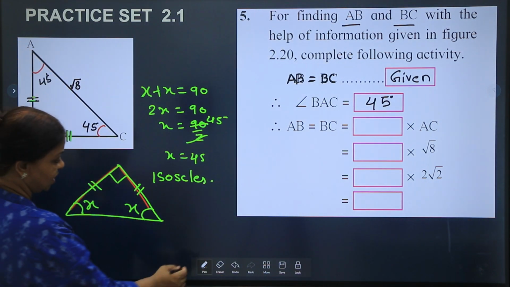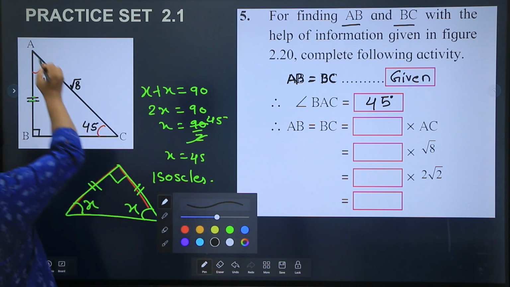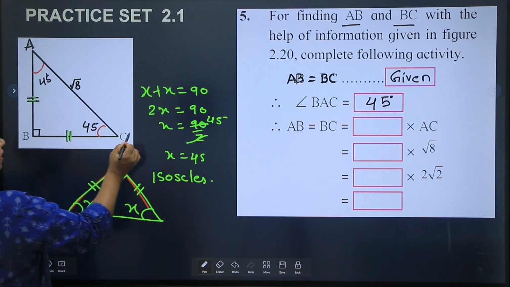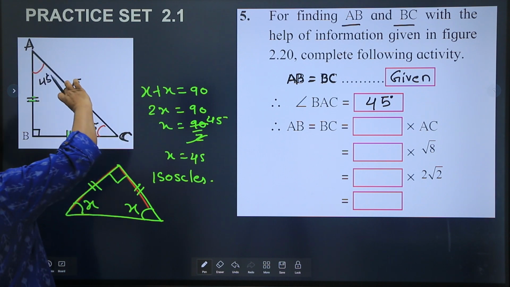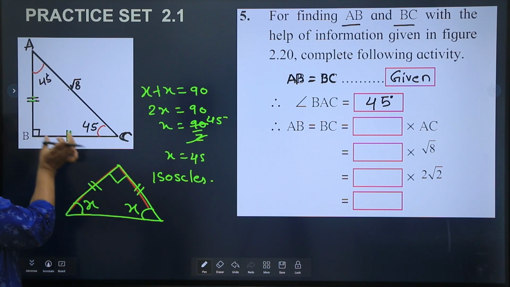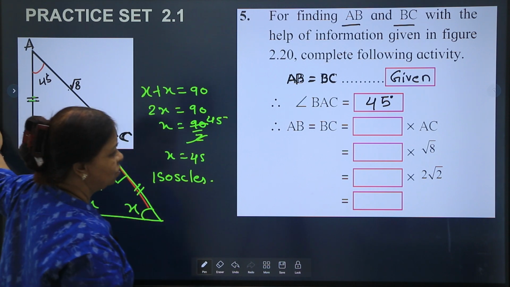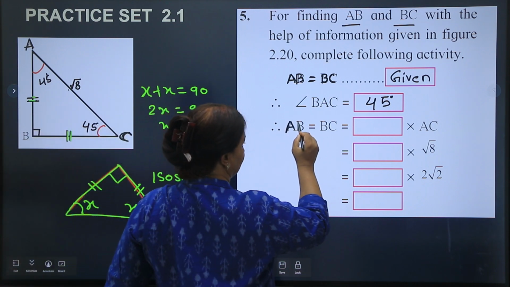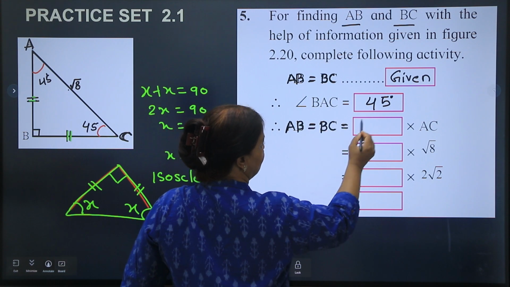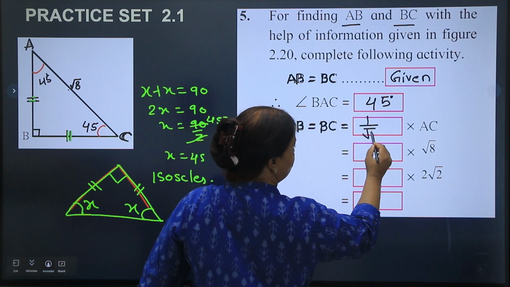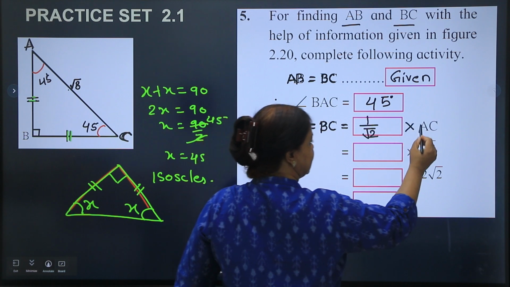AC is the hypotenuse, right? This is A and this is C. So this value will be 1 upon root 2 of the other two equal sides. So AB is equal to BC equal to 1 upon root 2 of AC.